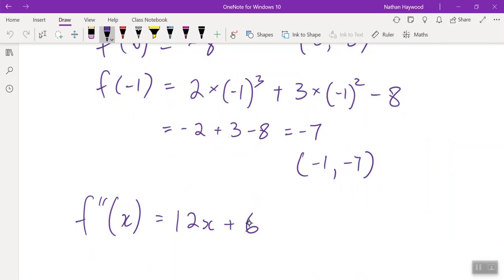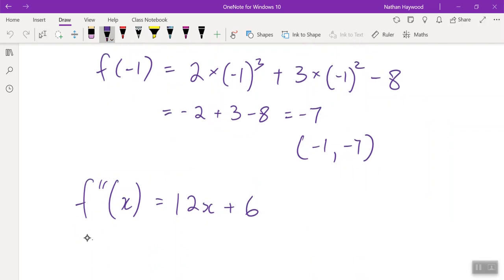So now we can sub in two x values to see what the nature of those two stationary points are. So I guess this is probably useful only if you're doing a tech free. Like if it's a tech active, you just graph it and it tells you. Or, I mean, you just look at the graph and hopefully it's obvious.